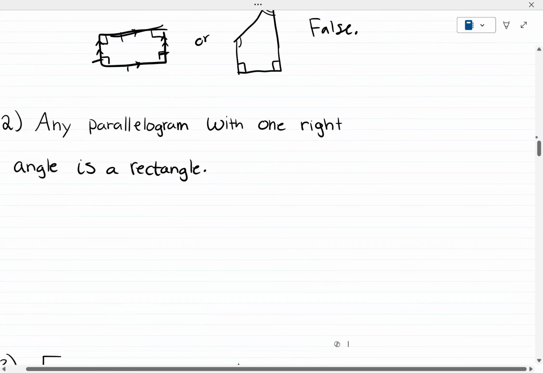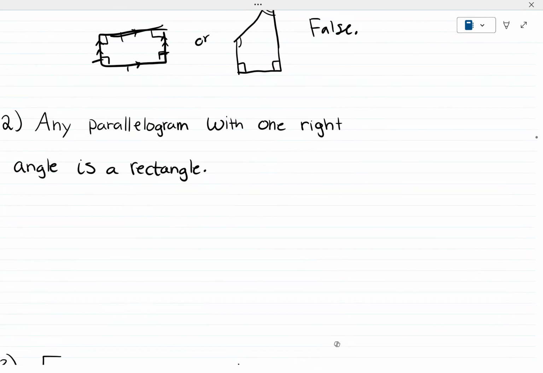Question two, any parallelogram with one right angle is a rectangle. So let's look at a rectangle.